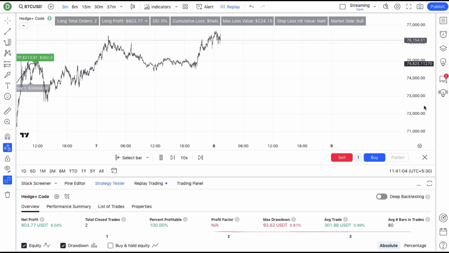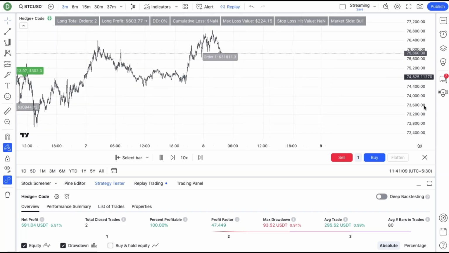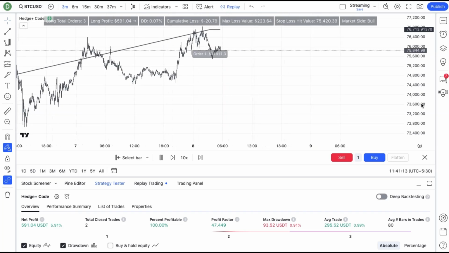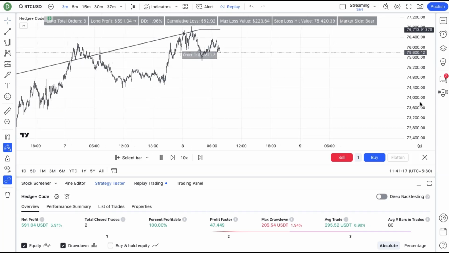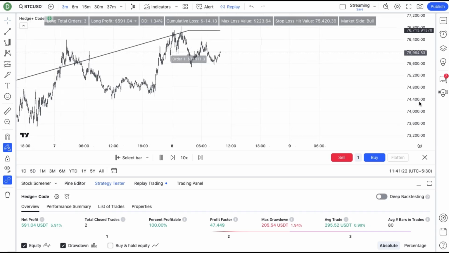That's huge, especially for someone like me who sometimes second guesses themselves and lets emotions get in the way. It's like having a disciplined trading partner who sticks to the plan even when things get a little crazy. The algorithm takes the emotion out of it and executes your predetermined strategy without hesitation, without fear.